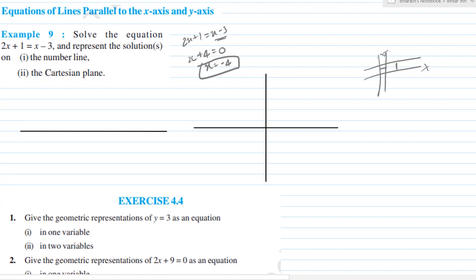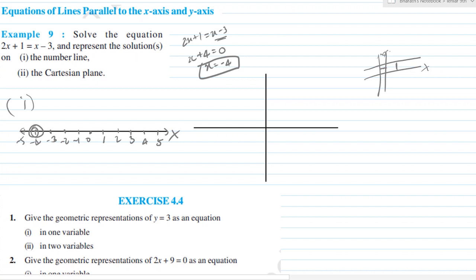So here on the number line, put arrows on the endings: 0, 1, 2, 3, 4 and 5. Here also minus 1, minus 2, minus 3, minus 4, minus 5. Since our x value is minus 4, this is our point. That's all. This is our number line, this first question is done.